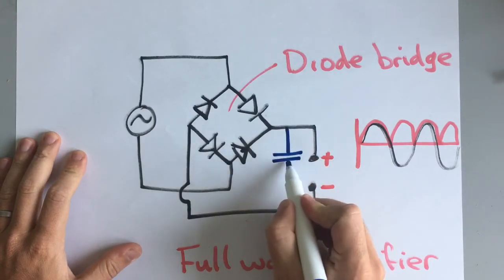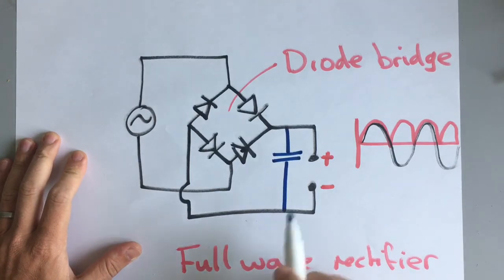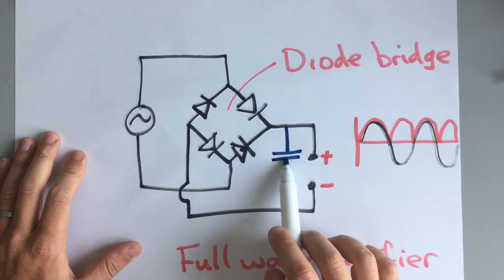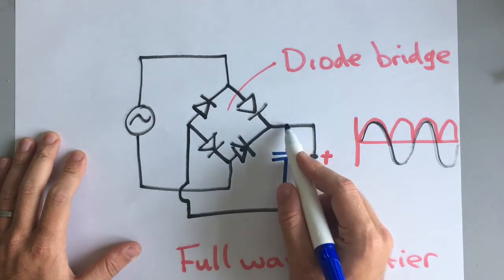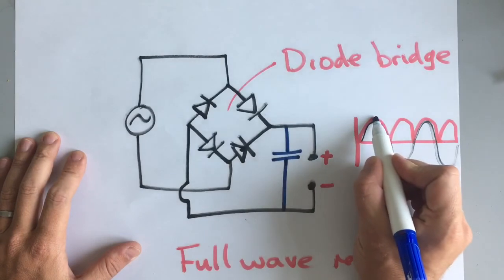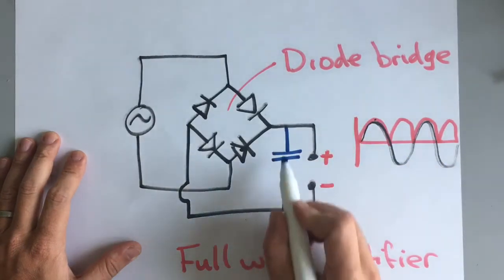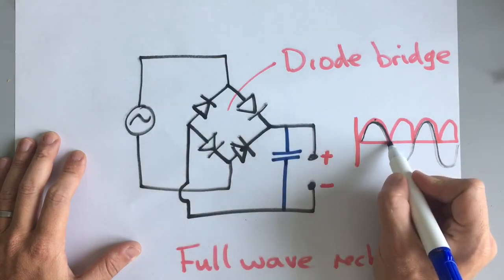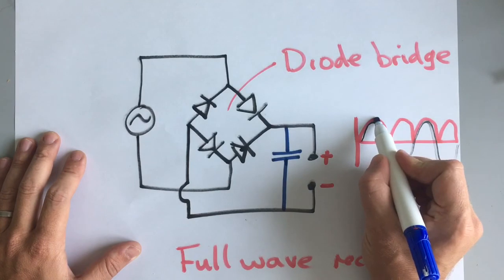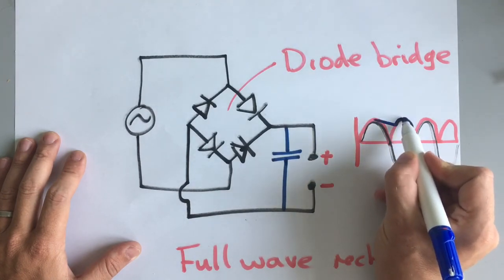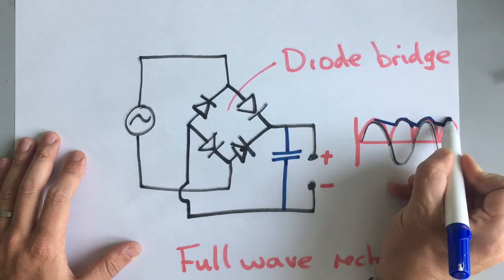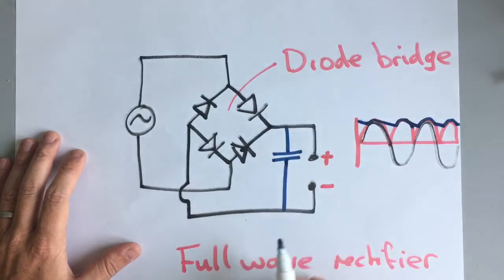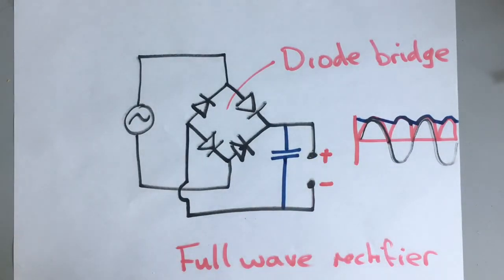It stores charge for a certain amount of time, but that amount of time is generally quite short, and the capacitor can be put in series here, and what it does is when we have the peak here, then the capacitor gets charged up, and as the voltage drops coming out of the diodes, the capacitor starts to discharge and it kind of fills those gaps, so you get this kind of a shape, which is getting closer and closer to that solid DC current that we're after.